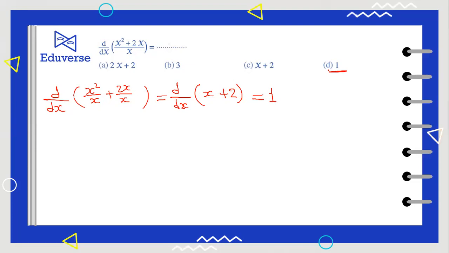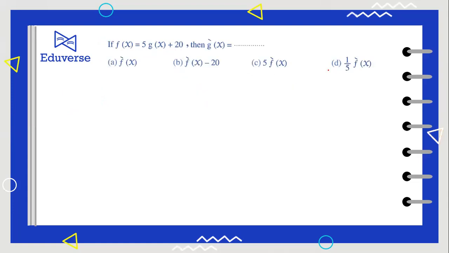Okay. The next one. If f of x equals 5 multiply g of x plus 20, I want to find the derivative of g of x, or g dash of x. We make a derivative of this equation. I have f of x equals 5 g of x plus 20.